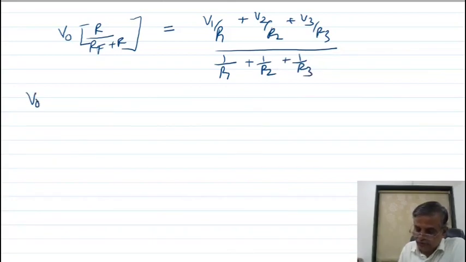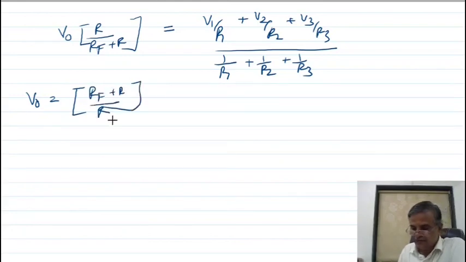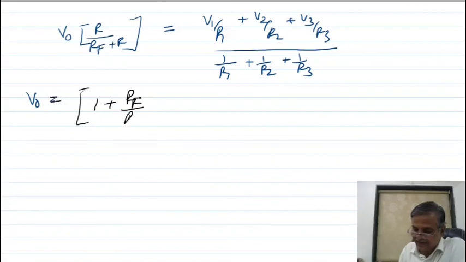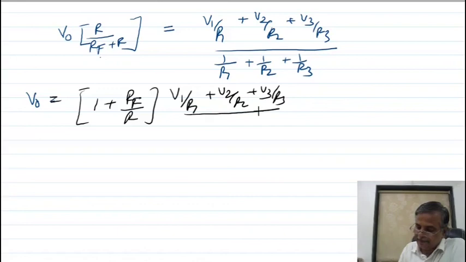So I can write VO is equal to RF plus R upon R. I can write directly. I think you understand. Now you are in TY, so you can easily understand. 1 plus RF by R, into V1 by R1 plus V2 by R2 plus V3 by R3 upon 1 by R1 plus 1 by R2 plus 1 by R3.